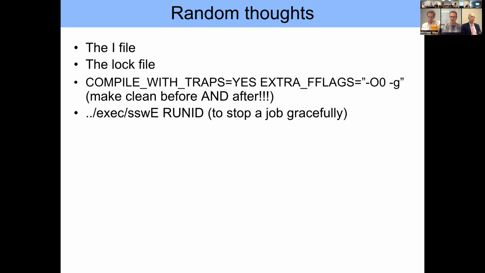So if your model crashes and then you want to restart it, there are some rules in the model that I don't understand completely, but they don't matter either way. The important thing is that the model will try to check the date of the I file, and if it is older than the date of the crash, it will tell you, hey, you haven't done anything, so I'm going to crash again. I'm not running. So you have to do something about it.